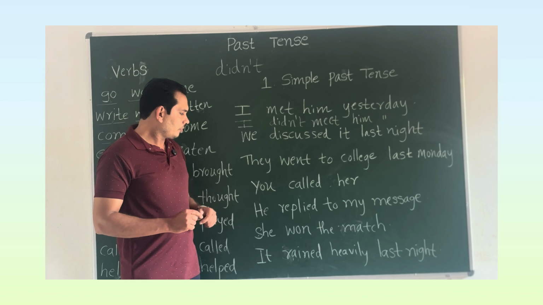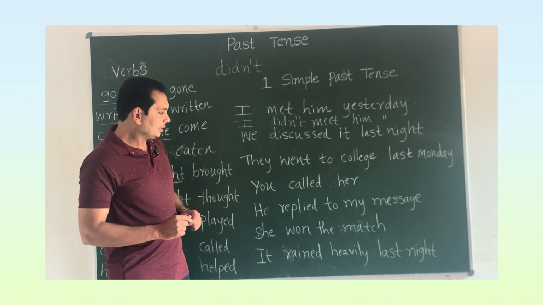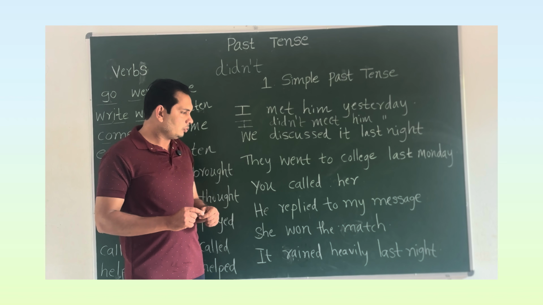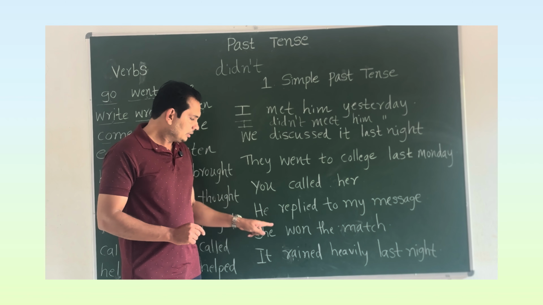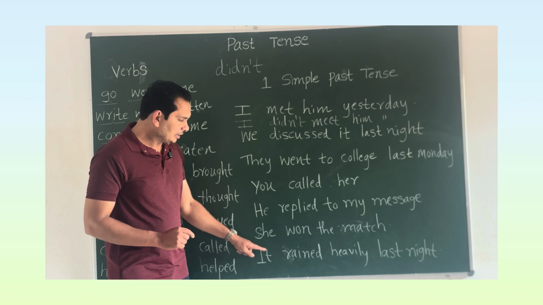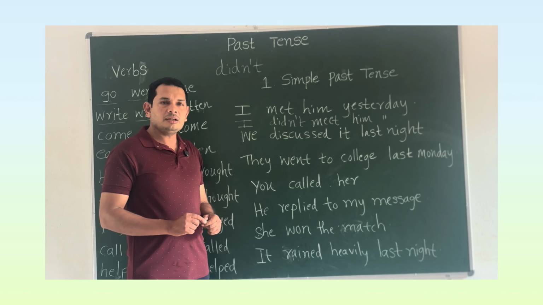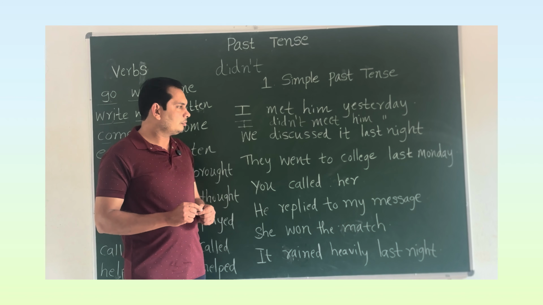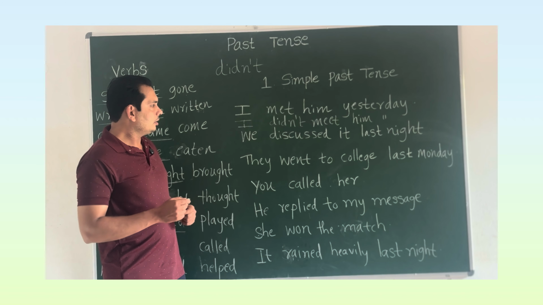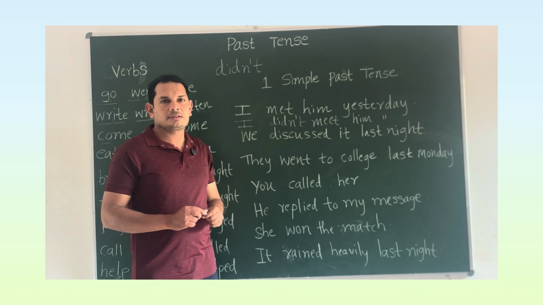You called her. Did you call her? He replied to my message. Did he reply to my message? She won the match. Did she win the match? It rained heavily last night. Did it rain heavily last night? This is how we should form questions using the auxiliary did in the simple past tense.